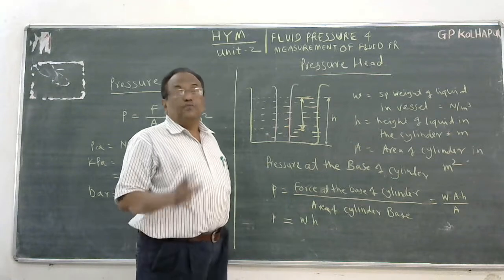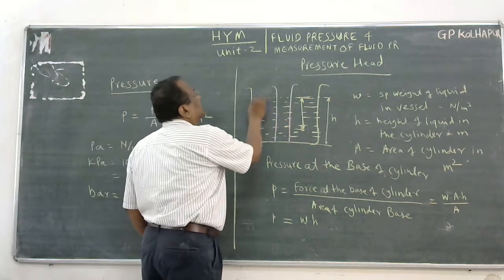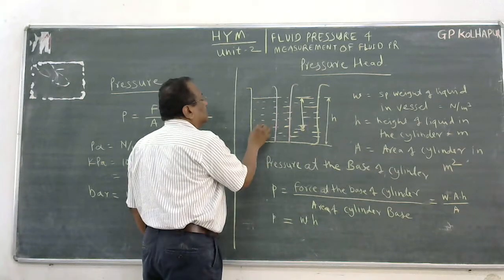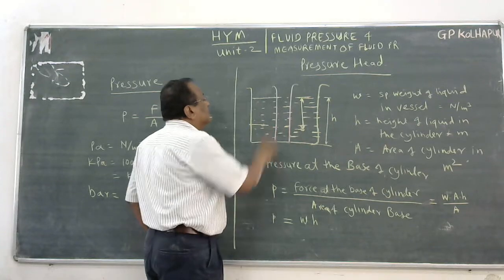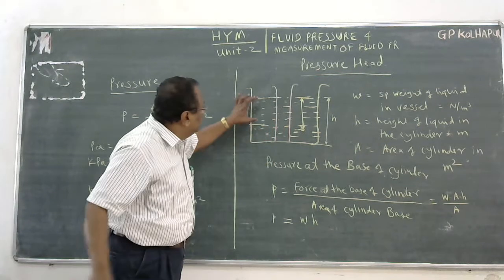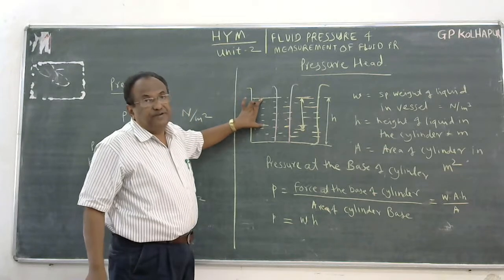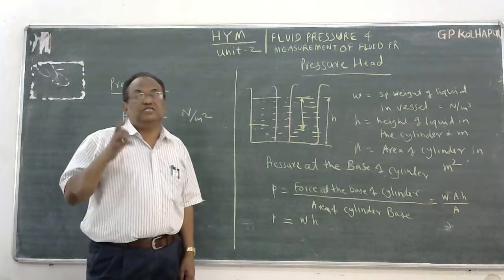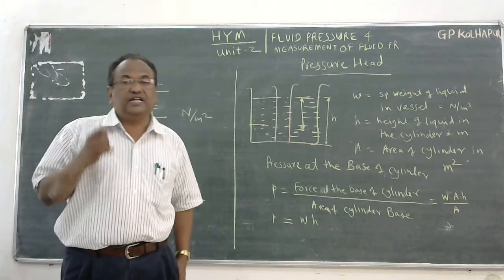So pressure head is the distance of the free liquid surface from the point at which you want to measure the pressure. Suppose you want to measure the pressure at this point. The pressure head at this point will be the distance from the free liquid surface to this point. In this subject, we are going to use this term pressure head many times henceforth.